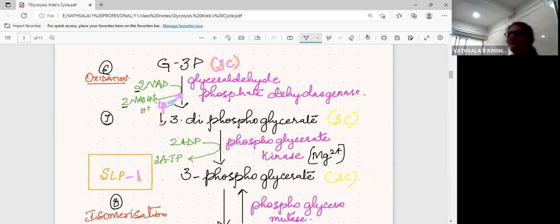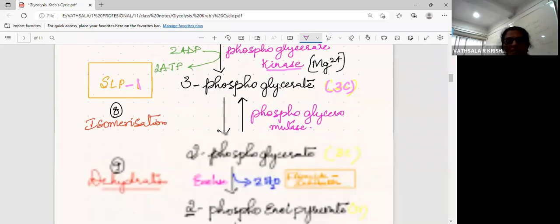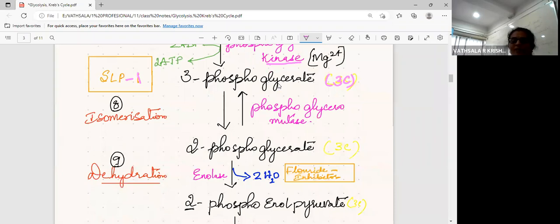That's called substrate level phosphorylation, where oxygen is not used directly. This is because of the kinase. Which kinase? Phosphoglycerate kinase. Everywhere it is a 3-carbon compound. Now 3-phosphoglyceric acid is converted to 2-phosphoglyceric acid. That's due to isomerization. 3-phospho becomes 2-phospho. That's isomerization.